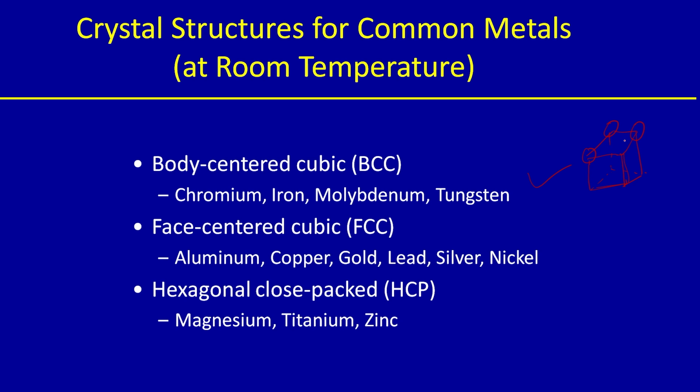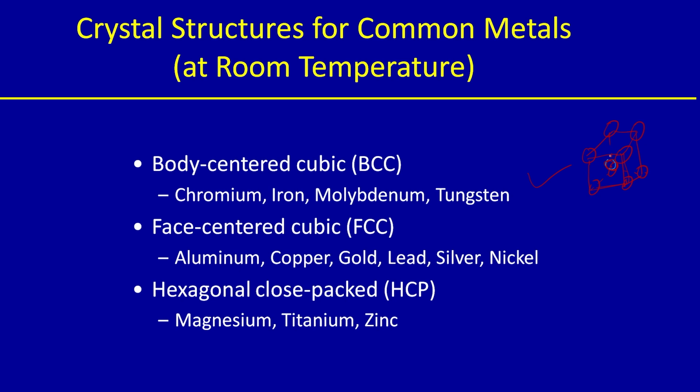If it is a different type, then it is an ordered BCC structure. Forget about that, simply consider the central atom to be of the same type, then it is simply called a BCC structure. Because this atom is at the center of the unit cell, it is called a body centered cubic structure.